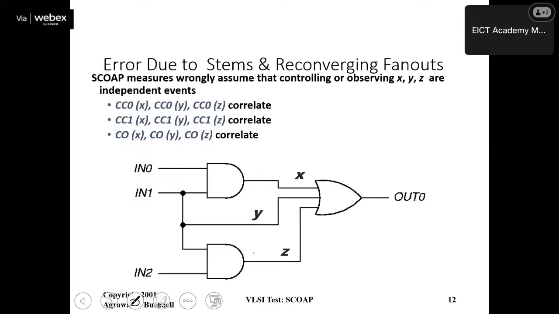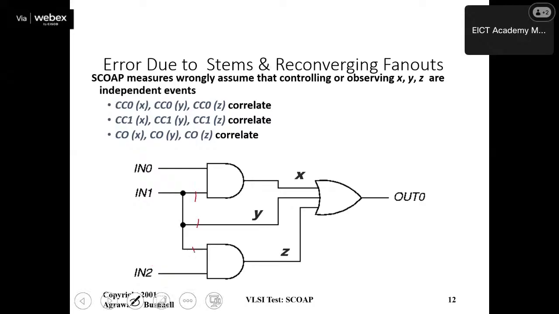So in SCOAP measures, basically, there can be a problem of error due to stems and reconverging fanouts. What happens is, SCOAP measures wrongly assume that controlling and observing are actually independent events. In that case, it is going to create the problem. For example, in this particular case, there is a stem and branches 1, 2, 3.